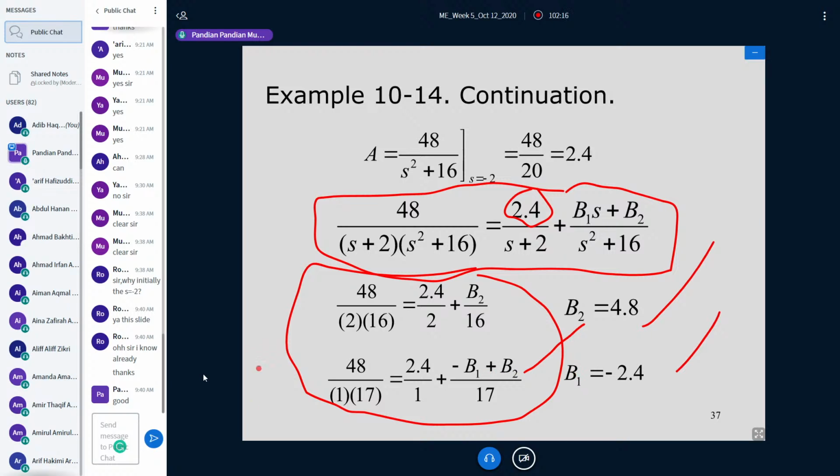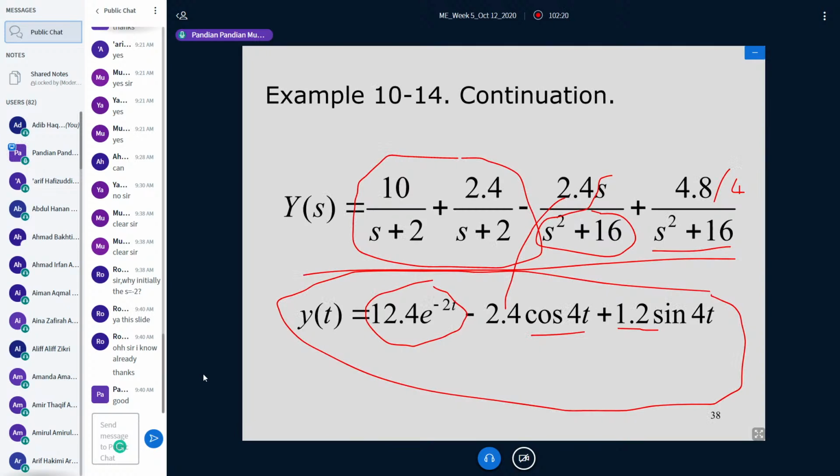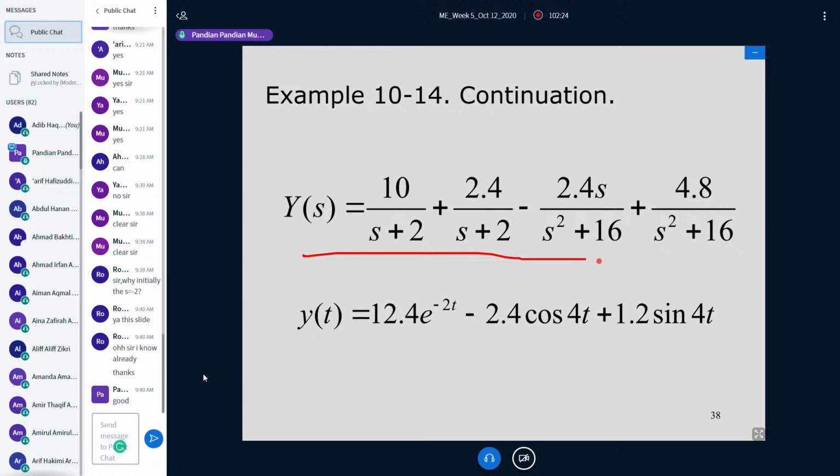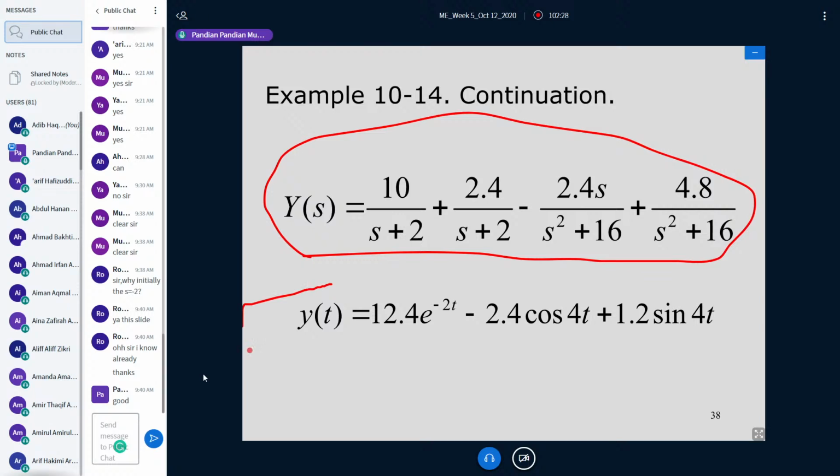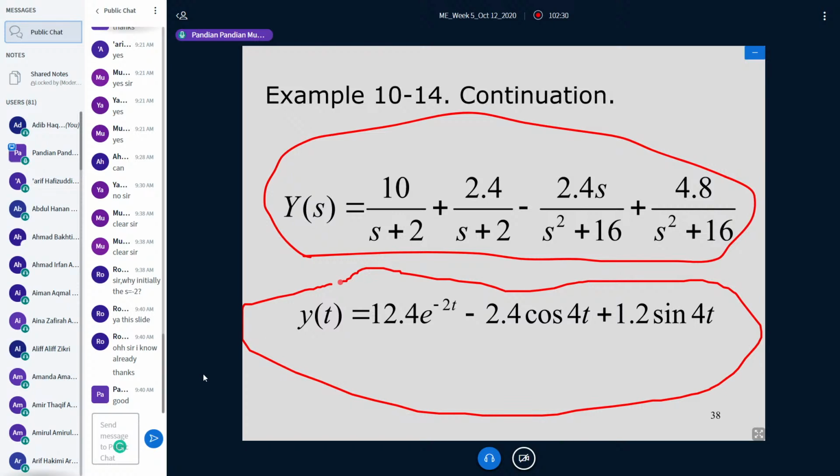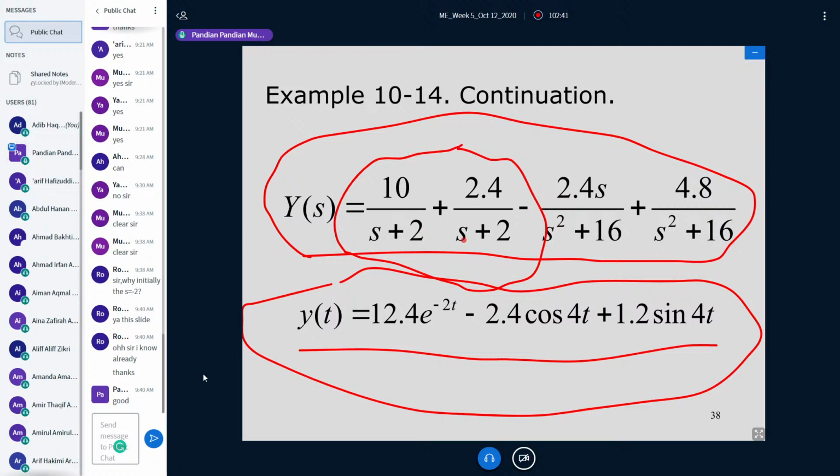If you use a calculator, you just plug in, and then you get this very nice, beautiful answer. This is Y(s) domain, and then inverse Laplace Y(t). They don't write that. What they want is this Y(t) only, the final one. These two combined. If you write separately, it's okay, but it is combined.